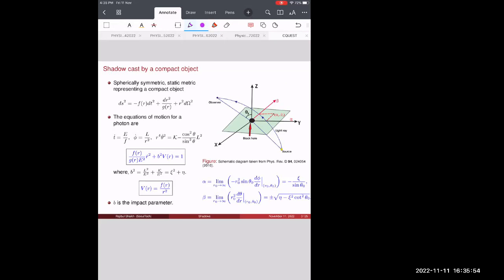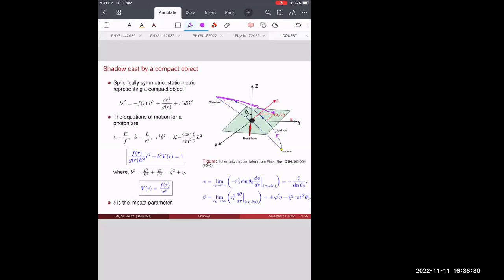Now consider this photon. When traveling through the gravitational field of this object, it undergoes lensing and reaches the faraway observer along this direction. This is the actual direction of the photon. However, the observer will see its apparent direction along the tangent of this photon, so the observer will see that it is coming from a point alpha, beta on the celestial plane.